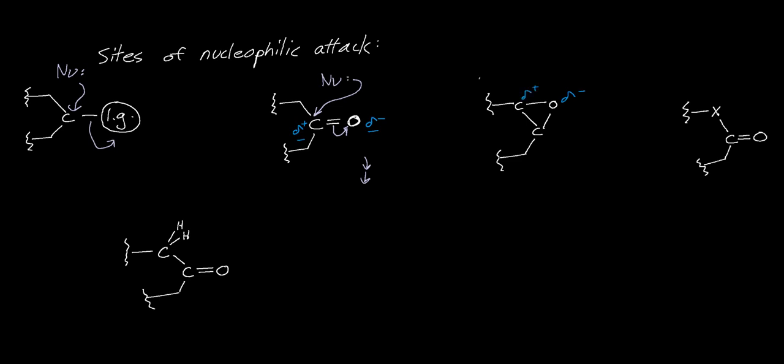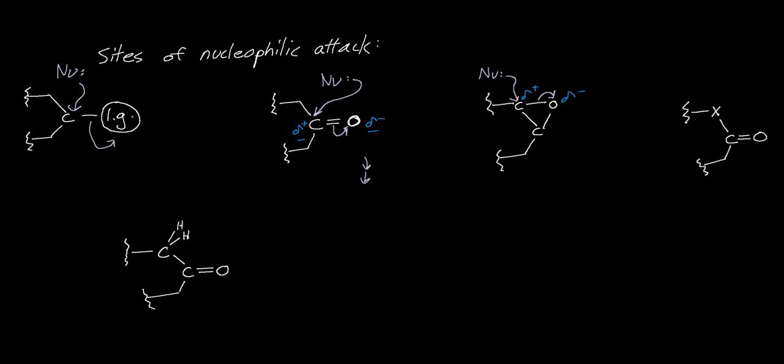A nucleophile will likely preferentially attack one or the other carbon of an epoxide unless it's symmetric. Everything I'm saying should be very familiar. Nucleophiles can add to one of the carbons of an epoxide. This is a little bit unique because in the end you have a nucleophile attached to this carbon.